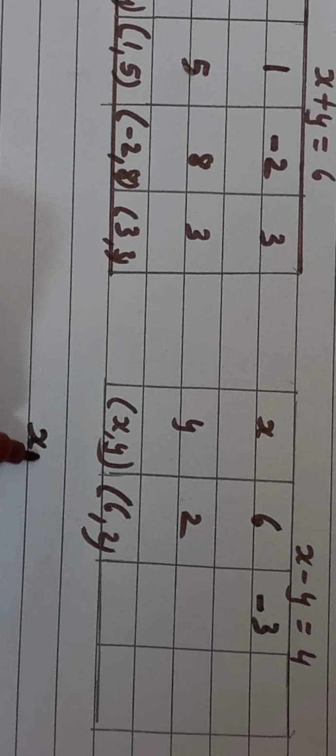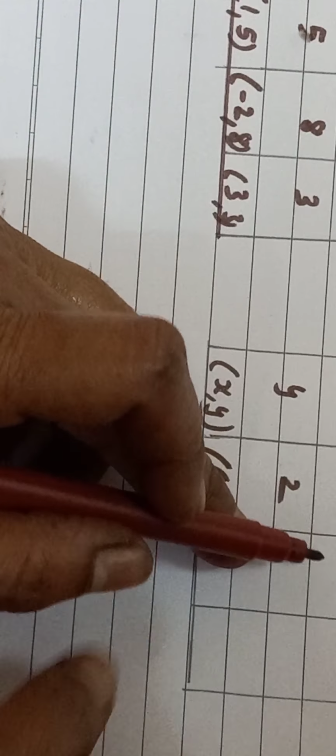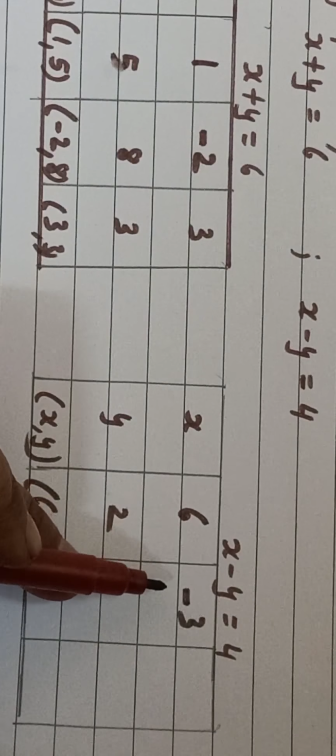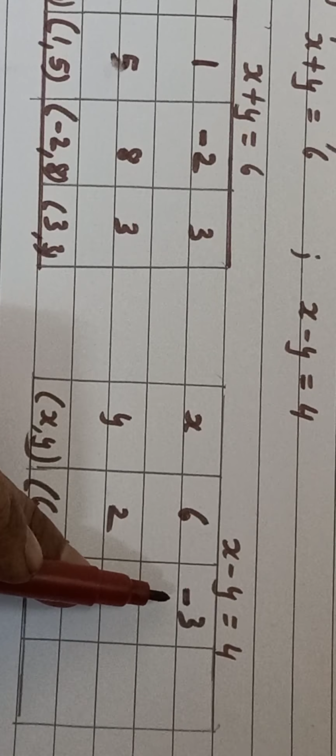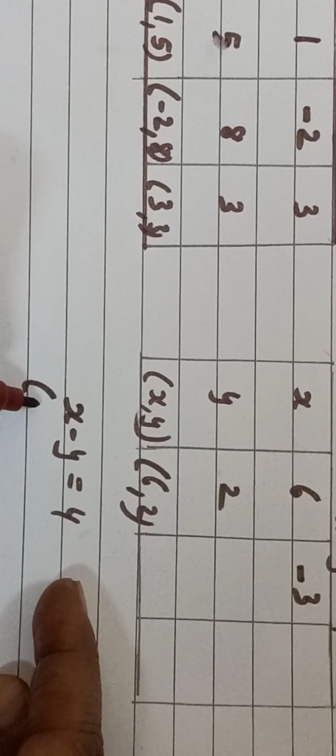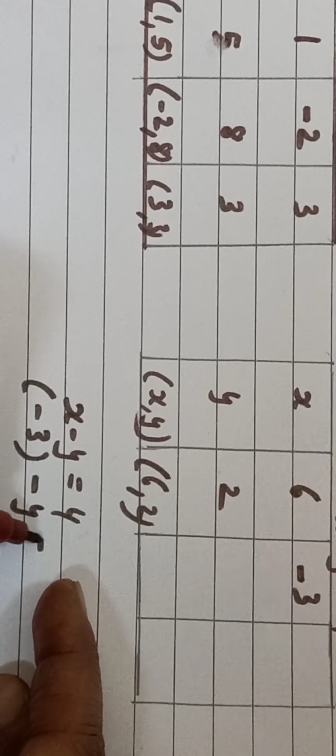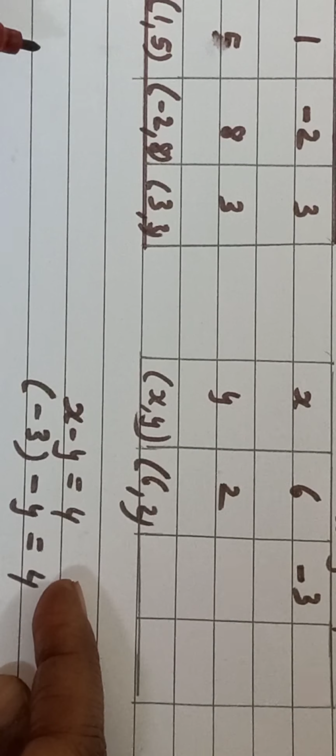x minus y is 4. Then what I have taken on my own, I have taken minus 3 as the x coordinate. So instead of x, I have to put here minus 3. Minus y is equal to 4. So what will I get?